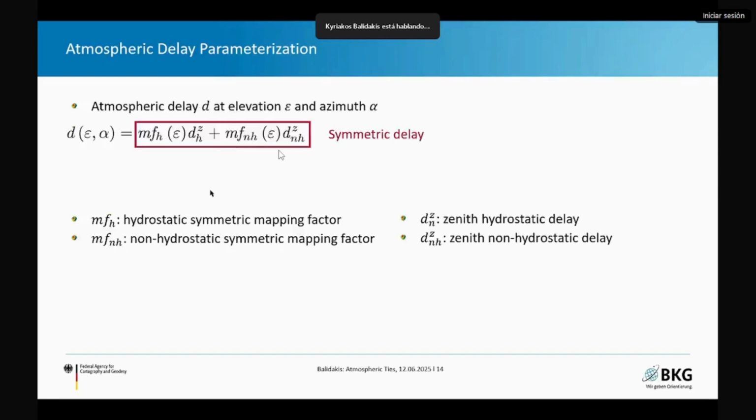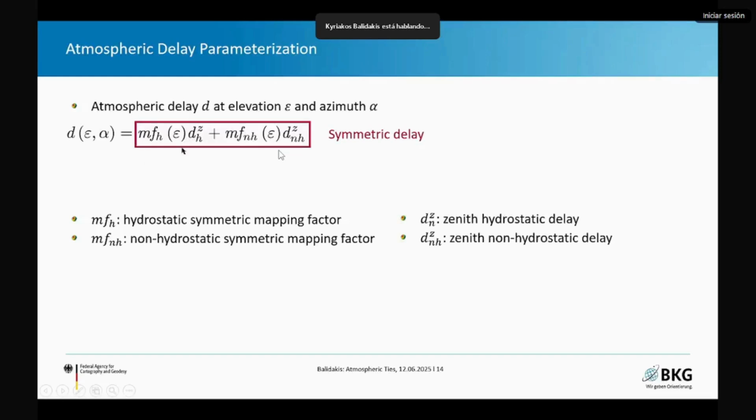The most common parameterization is the following. On the left, you have the atmospheric delay as a function of elevation and azimuth at a certain epoch, and it is decomposed into the so-called symmetric delay. You have here the MF, the mapping factor, and here a zenith delay.